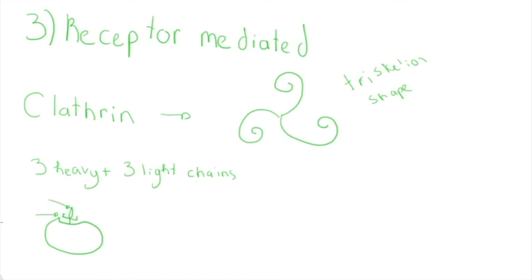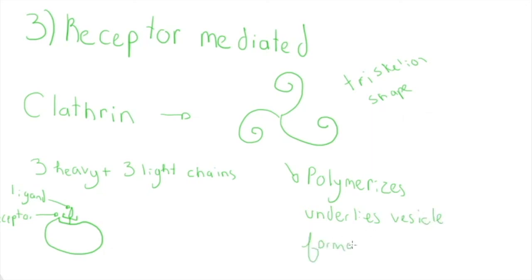Clathrin interacts with the lipid bilayer to allow the formation of the clathrin-coated vesicle. And these adapter proteins allow the clathrin polymerization reaction to happen, which underlies the vesicle formation. Regulation of endocytosis is mediated in part by post-translational mechanisms of adapter proteins.